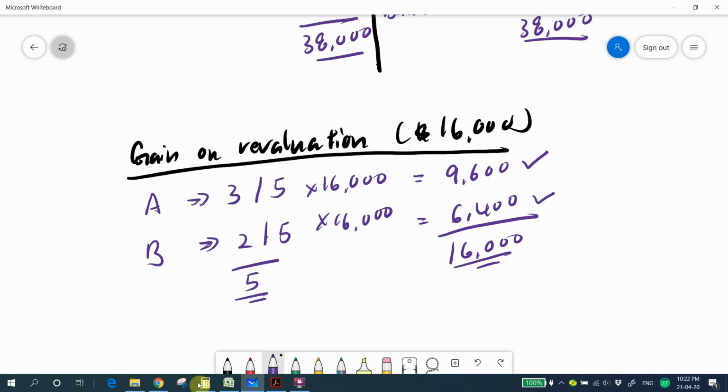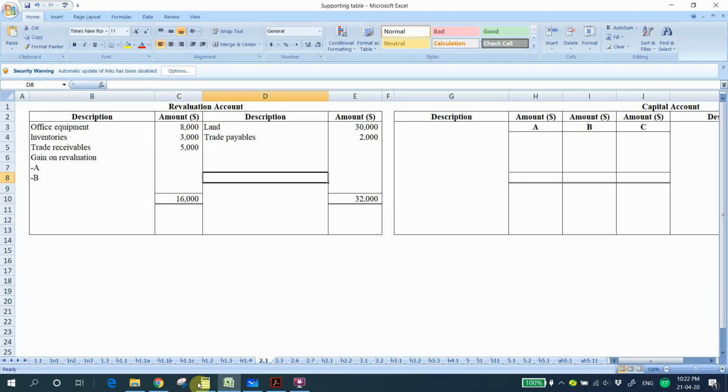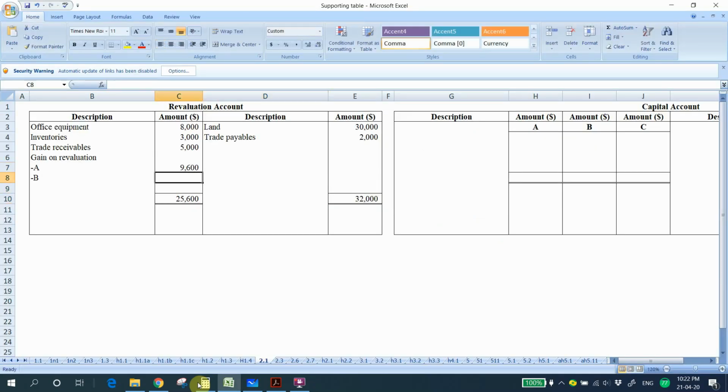So let's record this in the revaluation account. 9,600 and 6,400. So by posting the gain on revaluation, we can balance the revaluation account. So we have completed the 2.1 exercise.